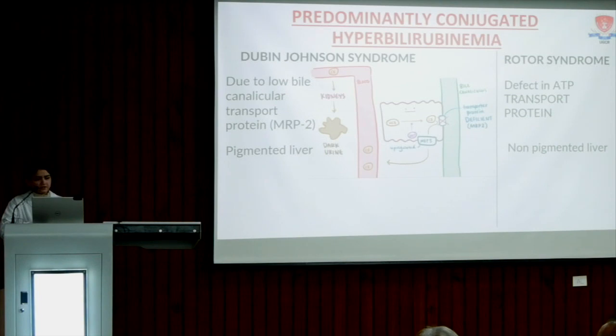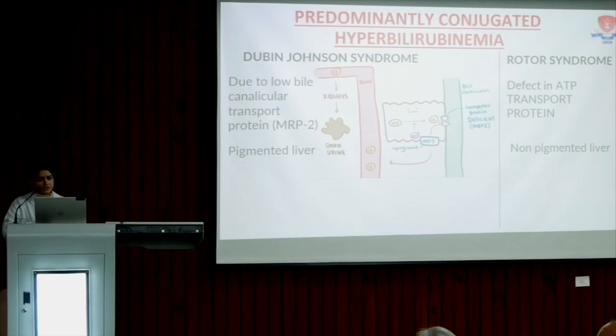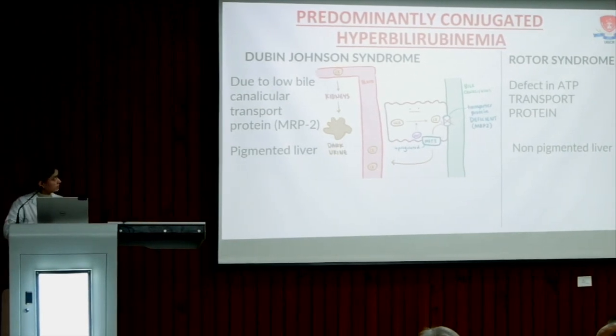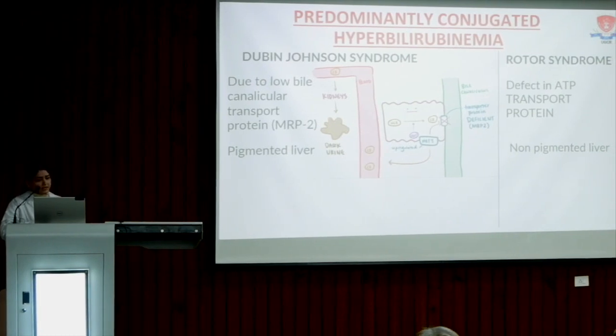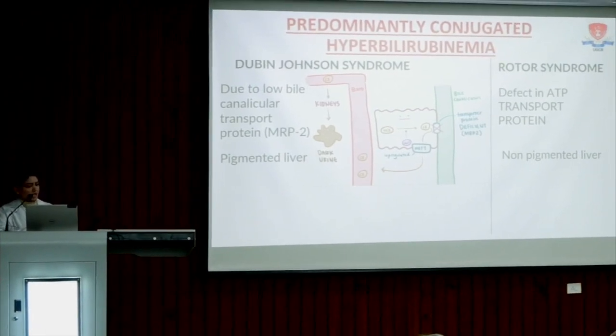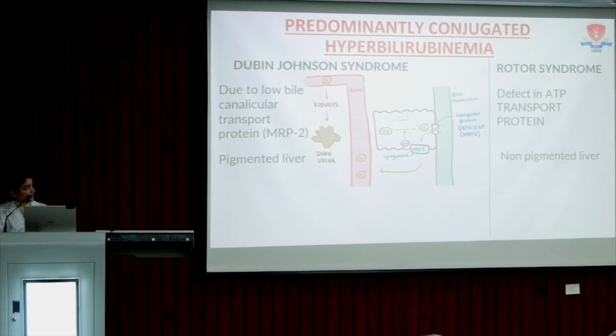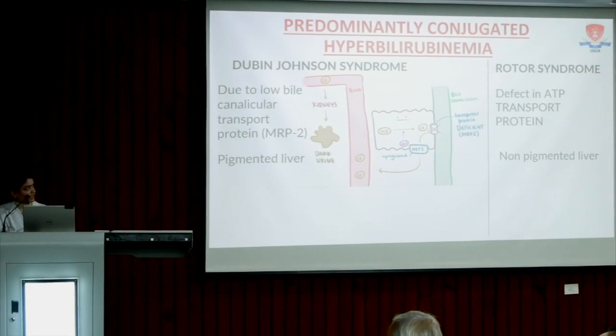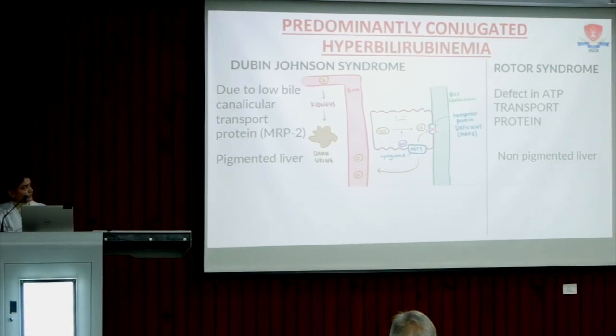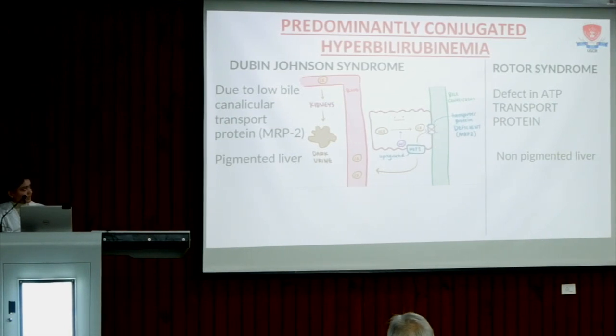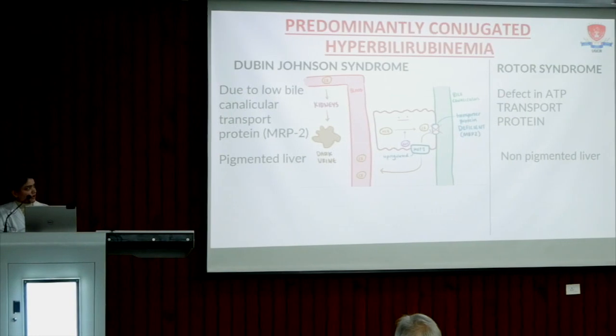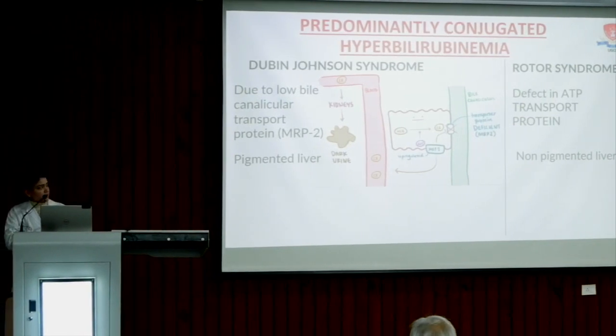The hereditary disorders for conjugated hyperbilirubinemia are Dubin-Johnson syndrome and Rotor syndrome. Dubin-Johnson syndrome is due to a low level of the bile canalicular transport protein, MRP2. MRP2 transports the bilirubin from the hepatocytes into the bile canaliculi. So in this syndrome, there is a deficiency of MRP2, which leads to upregulation of another transport protein, MRP3.